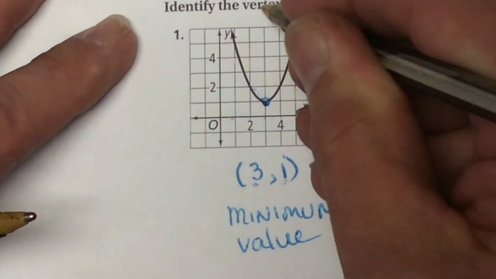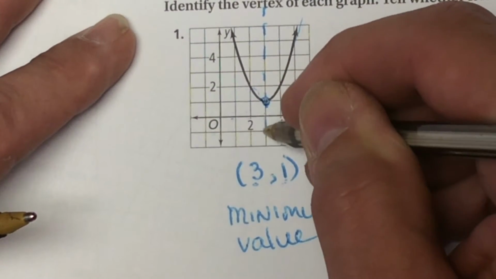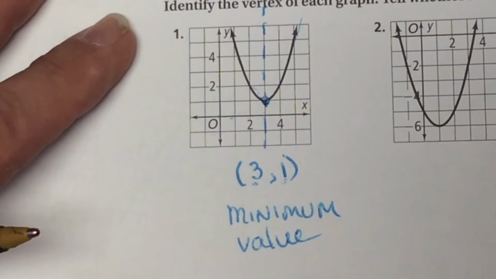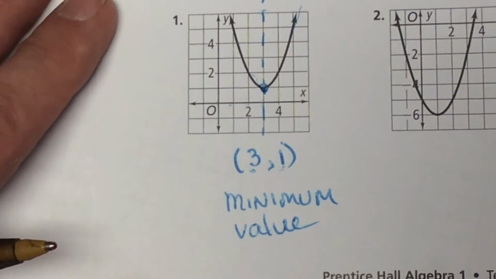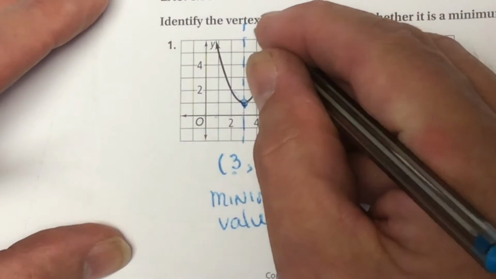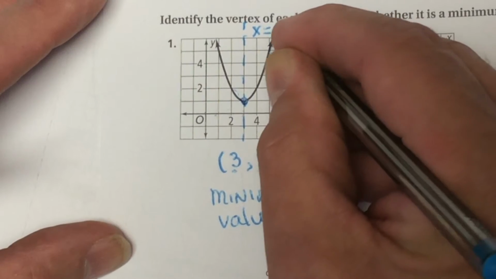And this right here is the line of symmetry, because it's the vertical line that goes through the vertex. And the equation for that line is x equals 3.